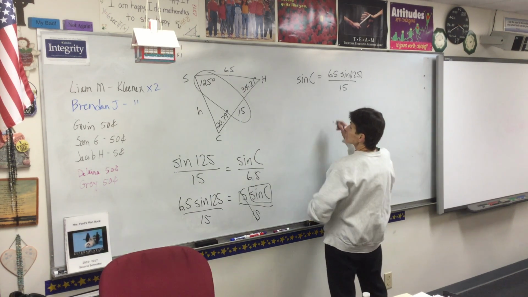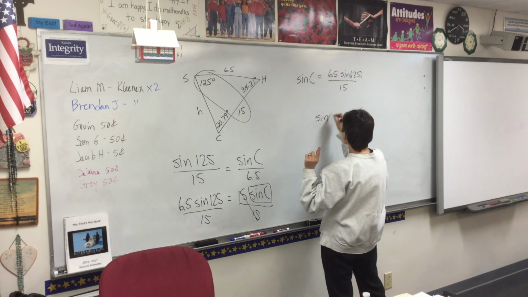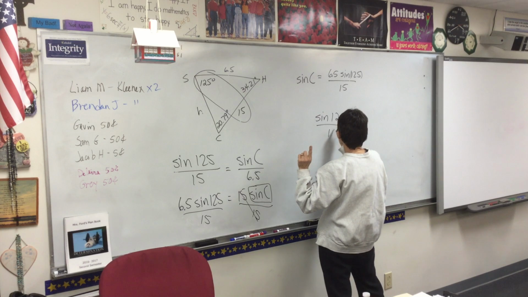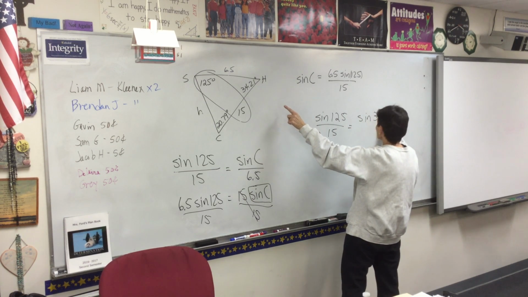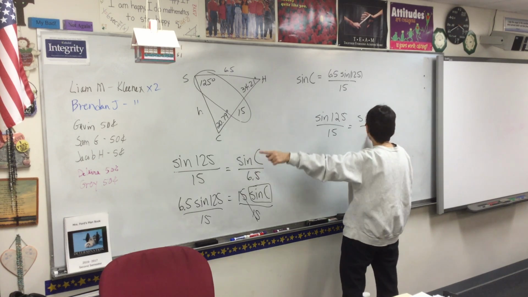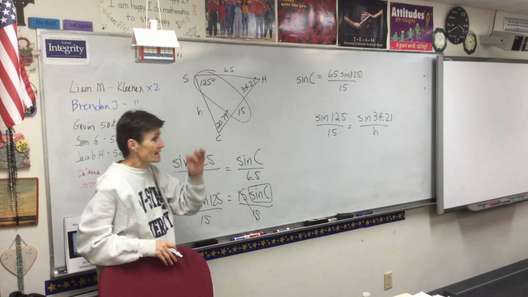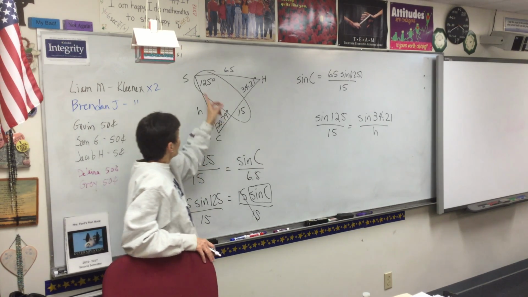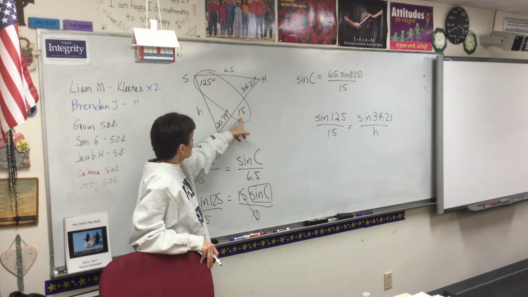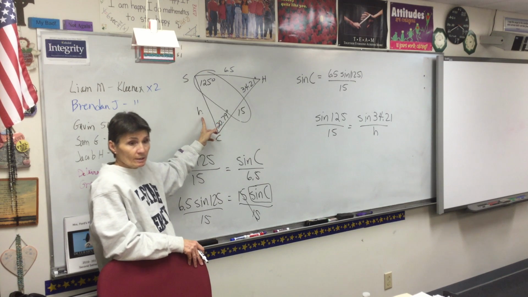Yep. So, well, no, not quite, Sam, but close. Sine 125 over 15 equals sine angle, so sine 34.21 over H. Remember, it's always sine angle. The angle always goes with the sine. So sine 125 over 15 equals sine 34.21 over H.